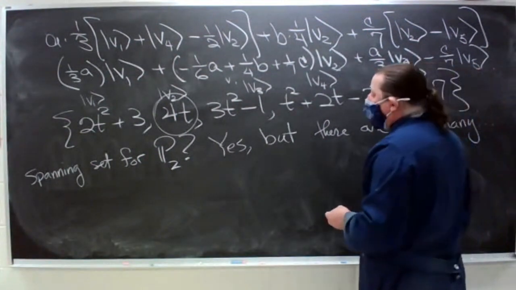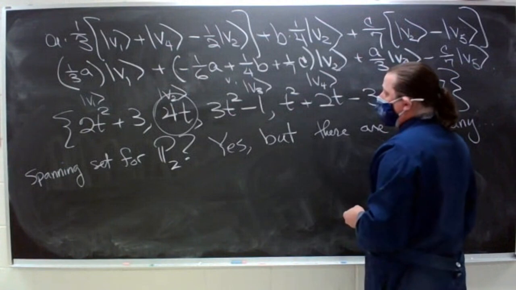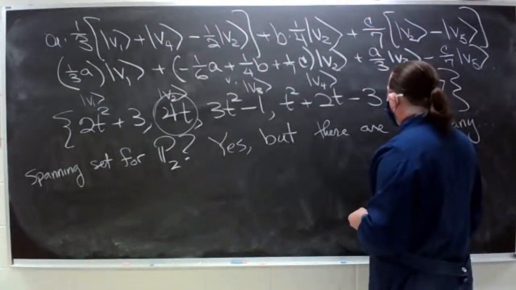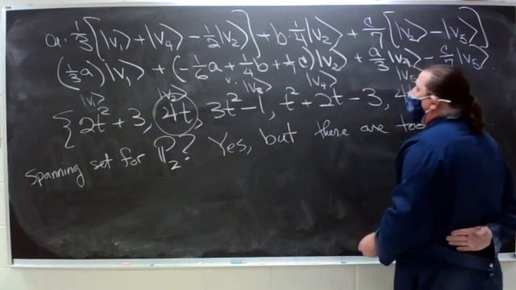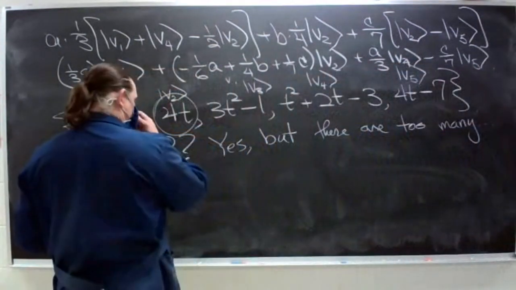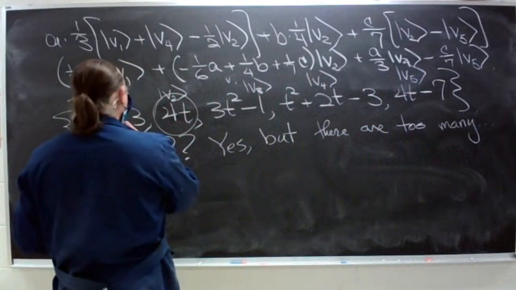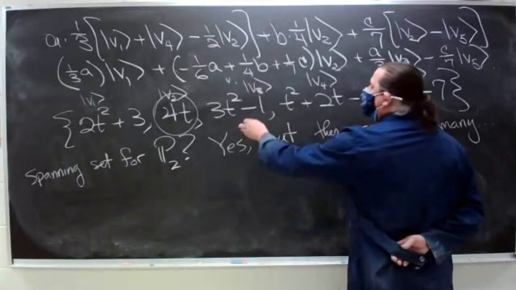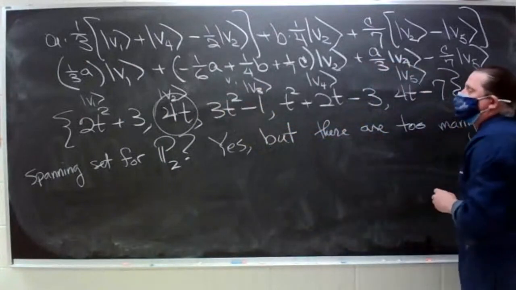There are ways that I can get 0. Okay? So one way that we can look at this, we said that we can get 0. We can write this one in terms of the other ones.